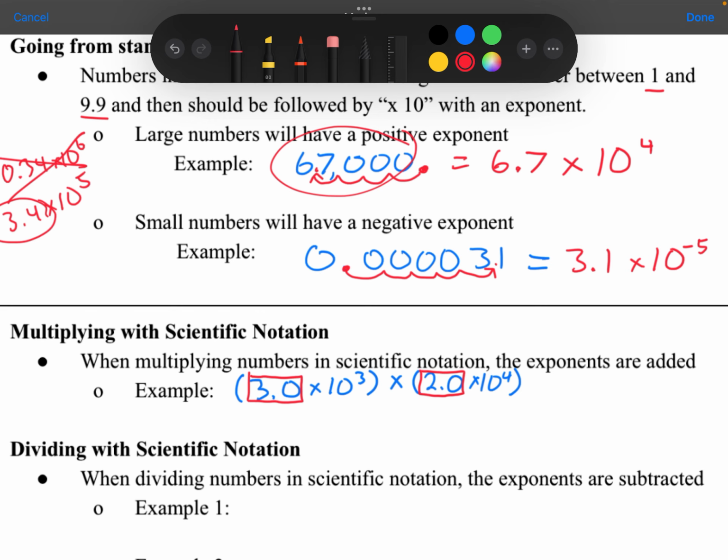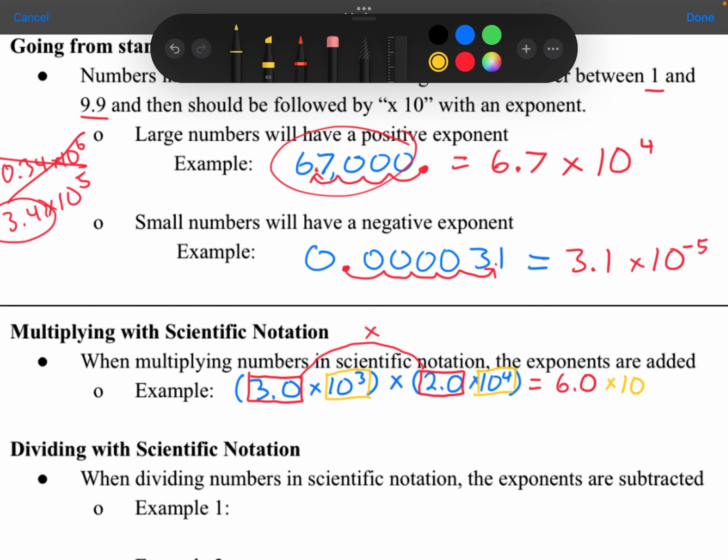Since we're multiplying, I can just multiply those two numbers together normally. 3 times 2 gives us 6, right? I just did that normally. Now, the second bit of this multiplication is our exponent piece. And our rule states that when we are multiplying two numbers in scientific notation, the exponents are added together.